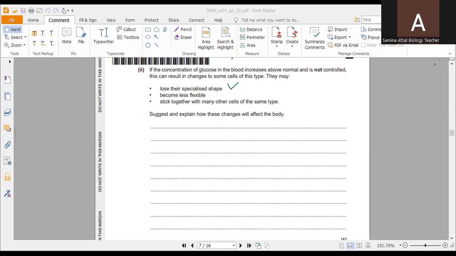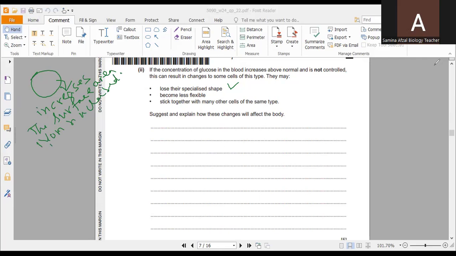For example, the red blood cells, already shown in the previous question, are biconcave in shape, circular and biconcave, and this shape increases the surface area. No nucleus, non-nucleated, this also increases the surface area for their maximum function.